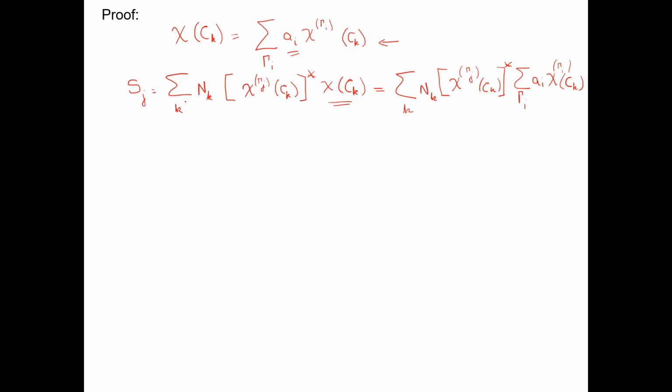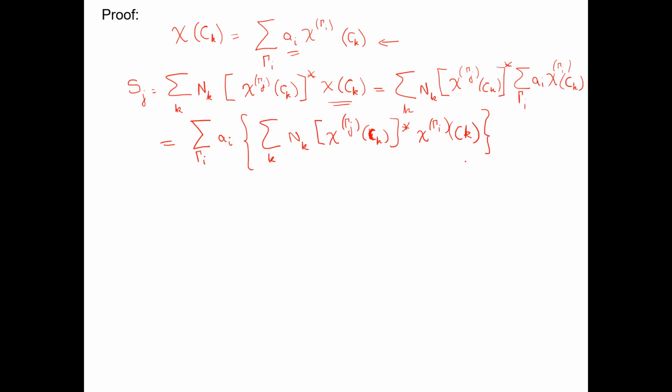So this is equal to the sum over irreducible representations gamma i of ai, and then the sum over classes k of nk, chi gamma j of ck conjugated, and chi gamma i of ck.